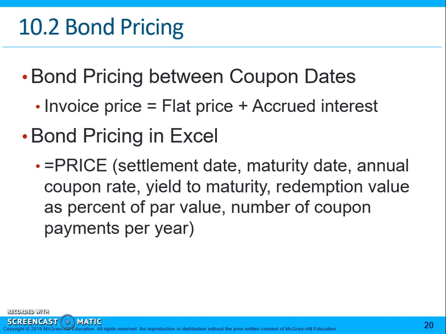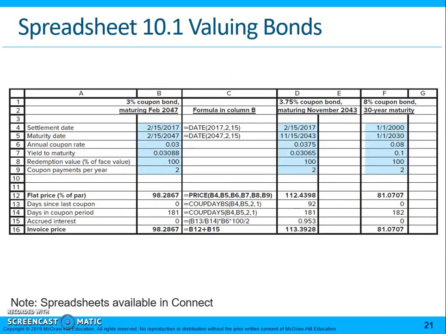You can also specify in Excel whether you want to do your calculation on an actual or 360-day basis, as we talked about. I recommend you learn how to do it in your calculator. However, if you want to use Excel, that's fine too. This is what an Excel spreadsheet looks like. I'm not going to teach Excel. I'm going to do examples on bonds using the calculator.